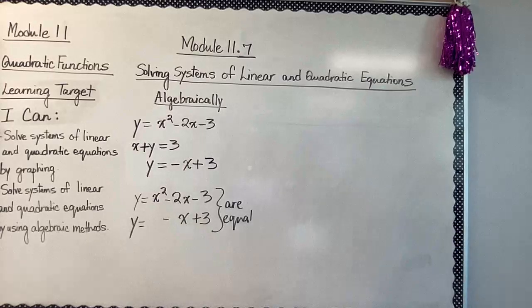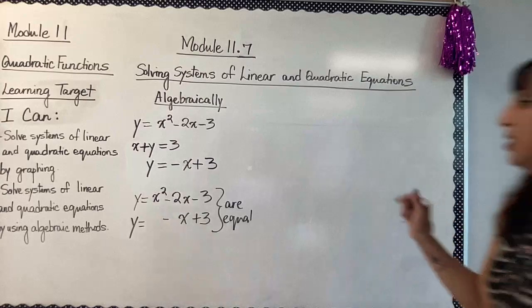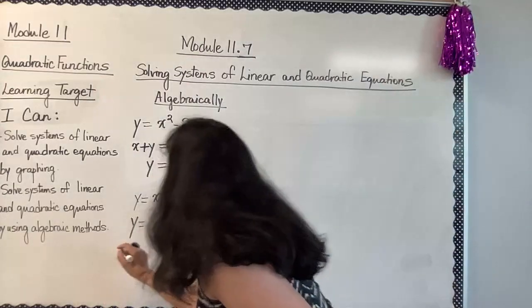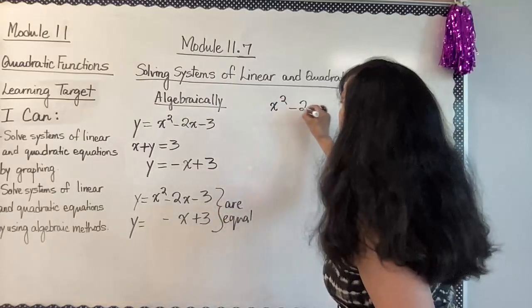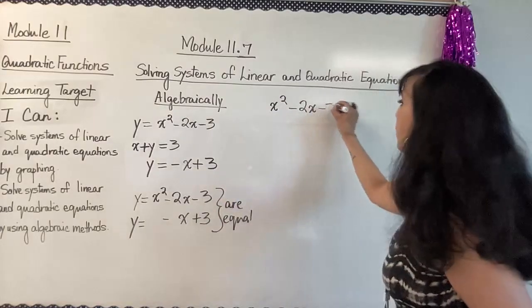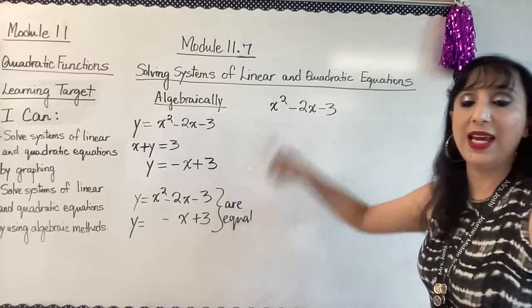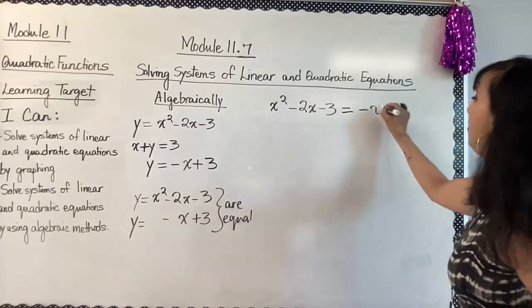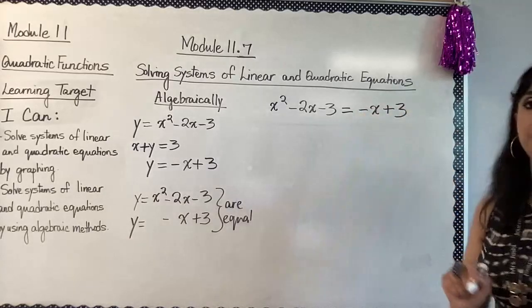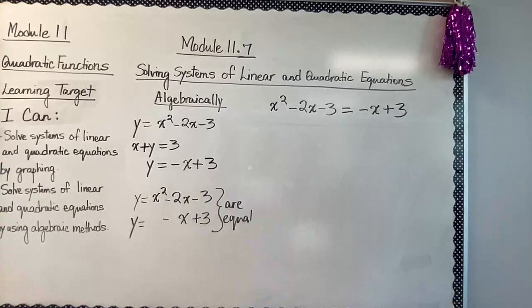All right, let me write it here. X squared minus 2x minus 3 is equal to negative x plus 3, because y is the same. Now that I've written it out in this form, I am going to change this to the quadratic format.